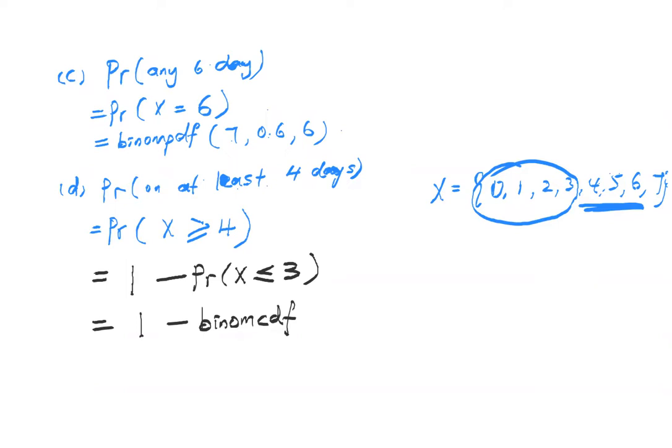When you have less than or equal, then you can use binom CDF: 7, 0.6, and 3. Then you give me the answer. One, I make it longer; the other one, I make it shorter. Do you know why?